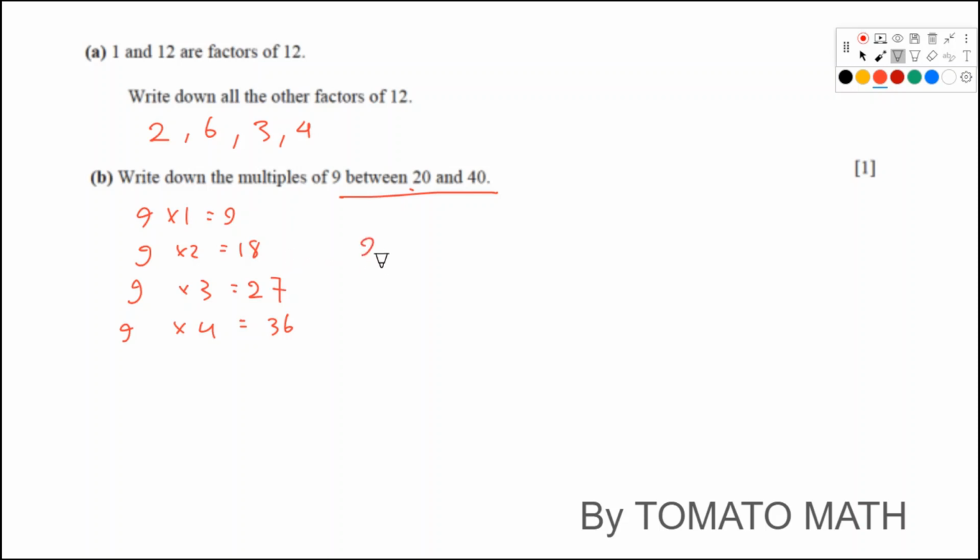So 9, 18, 27, 36. Now if we continue multiplying 9, we will get 45, which is above 40. So between 20 and 40, we can see that 27 and 36 are the correct answers.